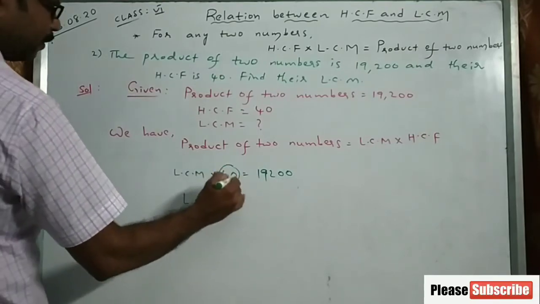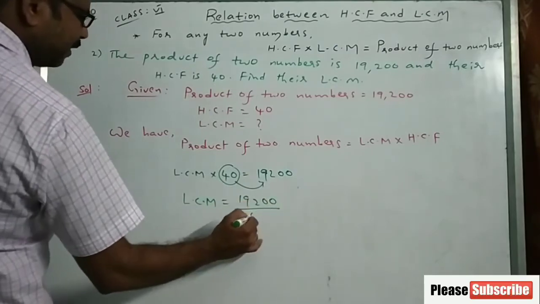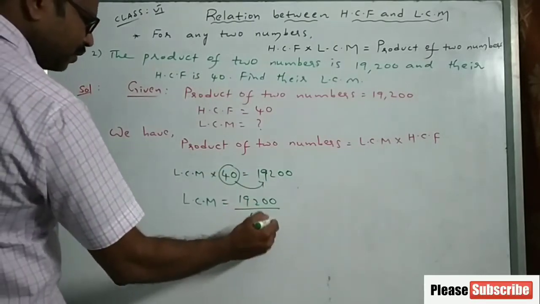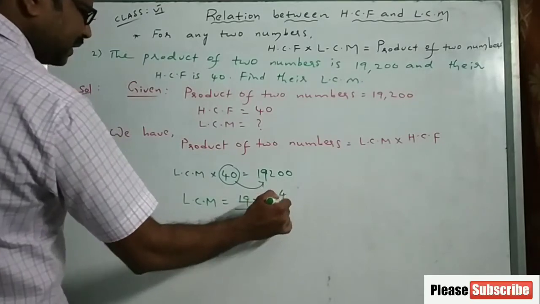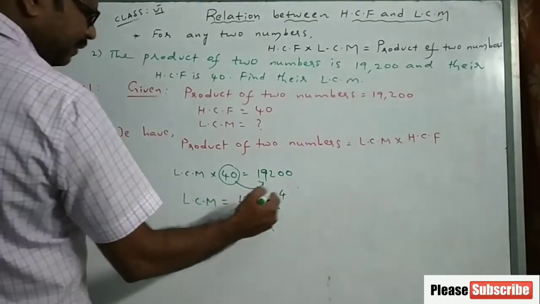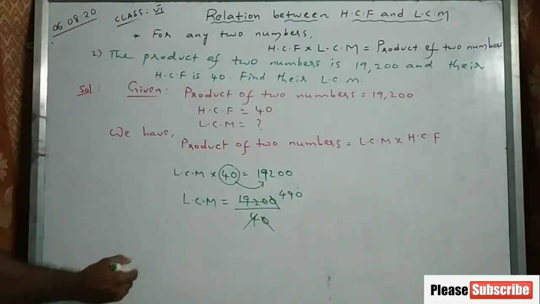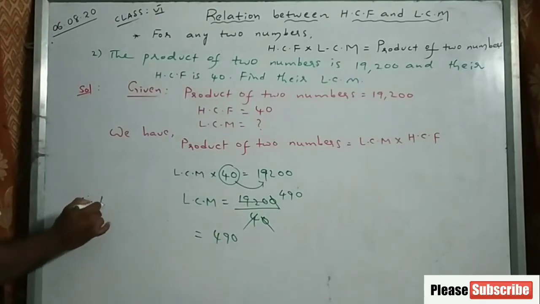Equal to, send 40 that side. So 19,200 by 40. Because it is in the multiplication, when we send to the RHS side, it becomes division. So 0, 0 gets cancelled. 4 4s are 16. 4 9s are 36... 0. So 480. Therefore, what is the LCM?